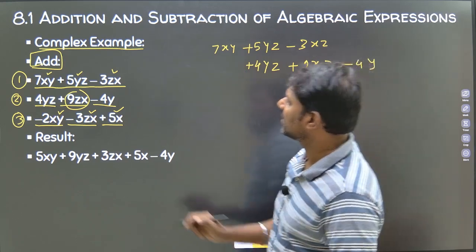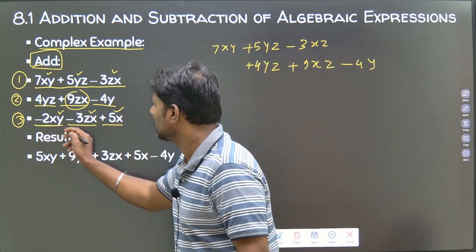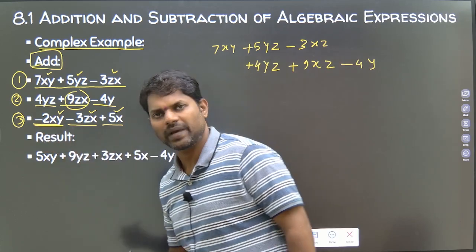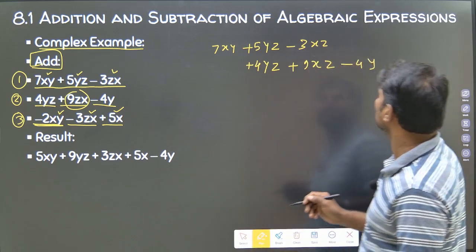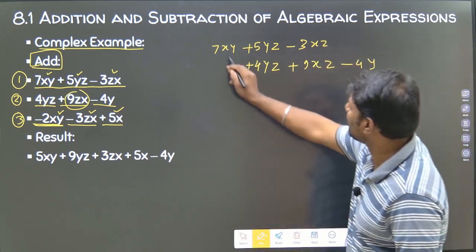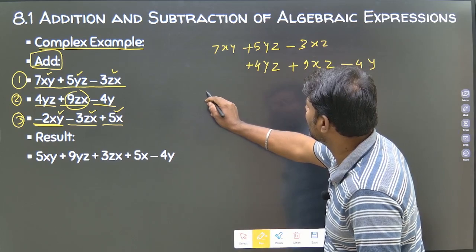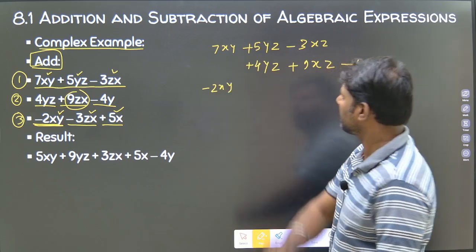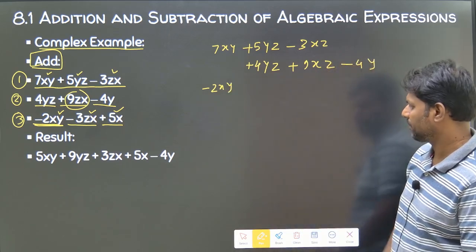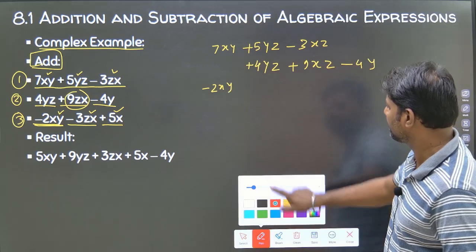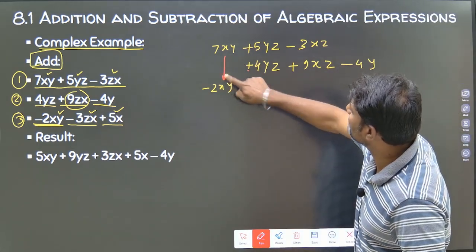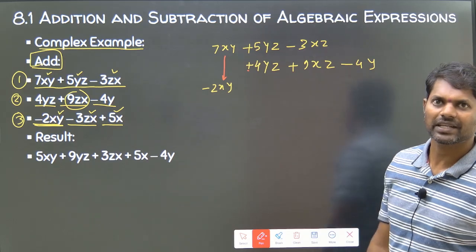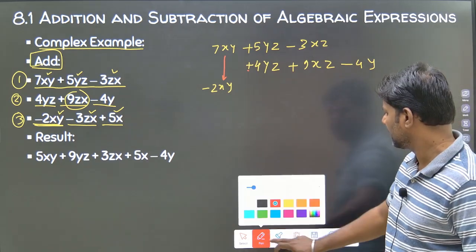Then the third expression, minus 2xy. Where is the xy term? Here is the xy. So, I will write minus 2xy below this xy term. Okay.